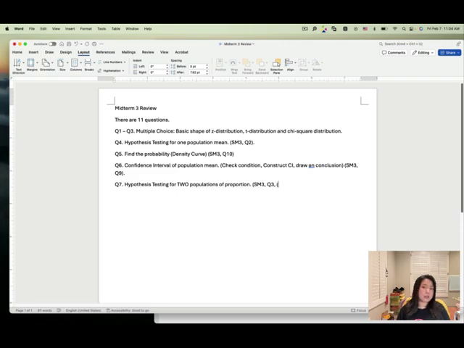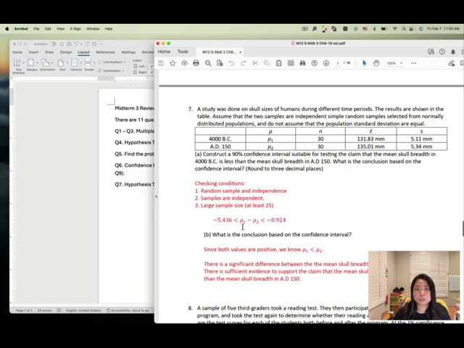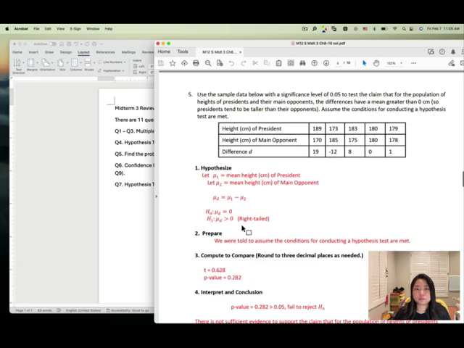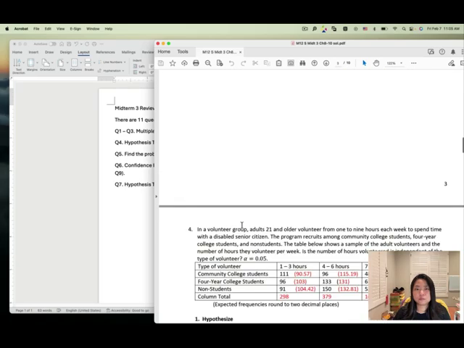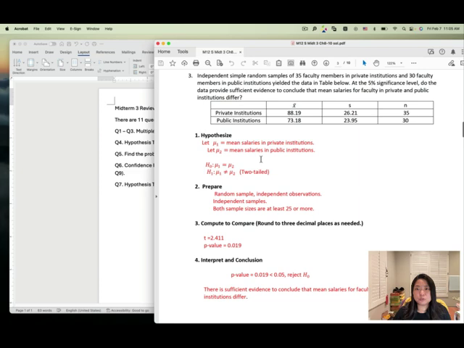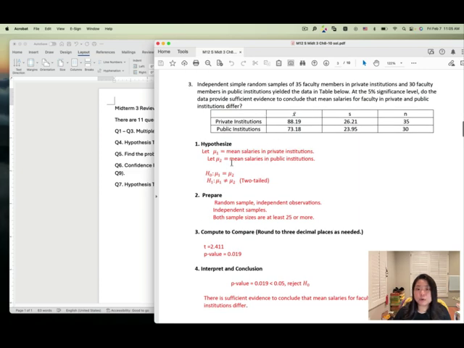But I remind you guys that question 3 here is talking about population mean, not the population proportion. So I will show you guys question 3. Okay, similar to this example, but for this example, they are working on the population mean.